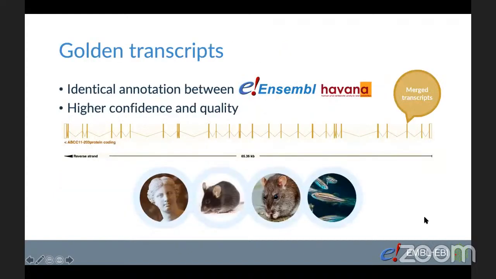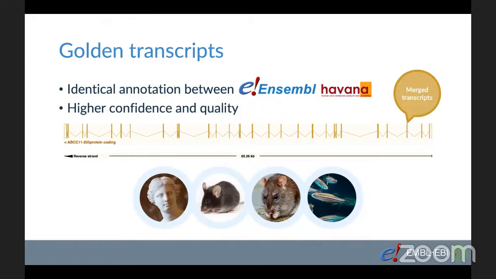So now we know that for human and mouse, we use those two independent methods, Ensembl automated annotation and Havana manual annotation. So we have those two independent annotation lists, so lists of transcript models, and for human and mouse, we merge them. And some of those transcript models on those lists might agree, so they could be annotated identically, so they could be agreed upon by both the automated annotation and manual annotation.